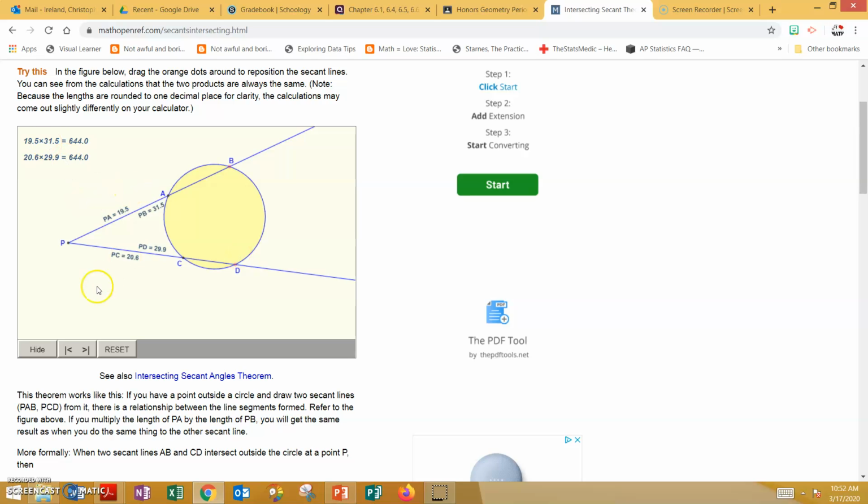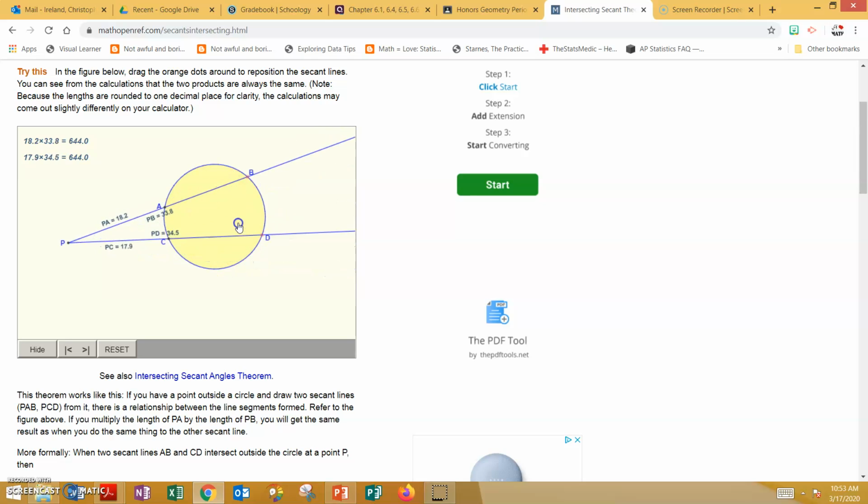You'll notice as I move these secant segments around, just pay close attention to the numbers. The external portion right here, PA, is 18.2, and the external multiplied by the entire secant segment, P to B, which is 33, has a product of 644.